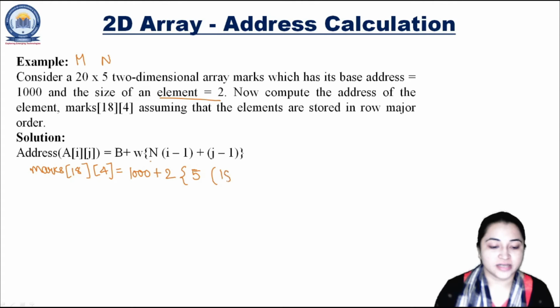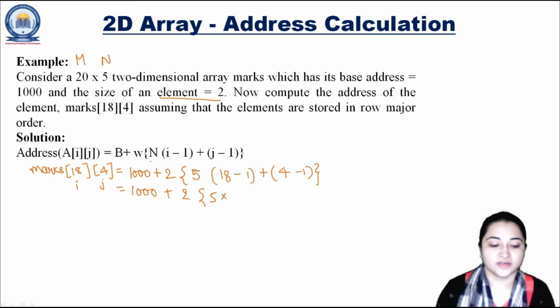Then I represents the row index and j represents the column index. So j is 4 minus 1. Fine. So what can be the answer? 1000 plus 2, 5 into 17 plus 3.